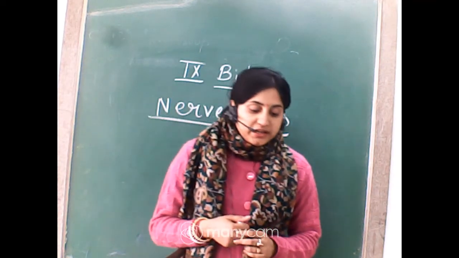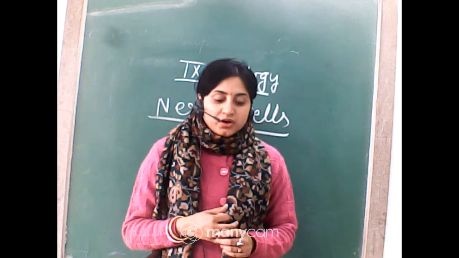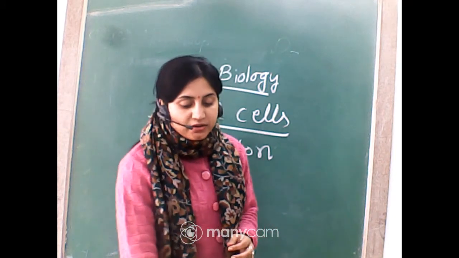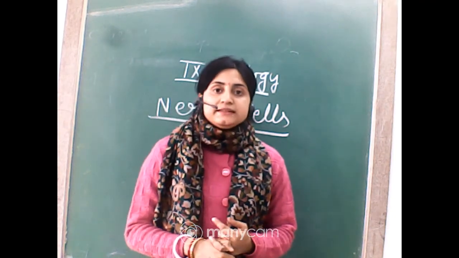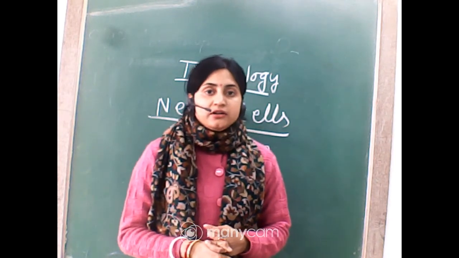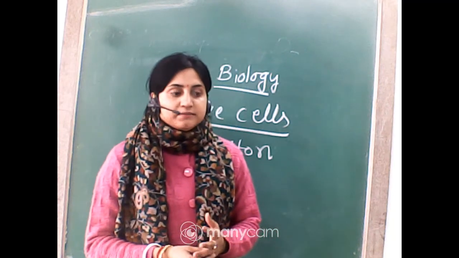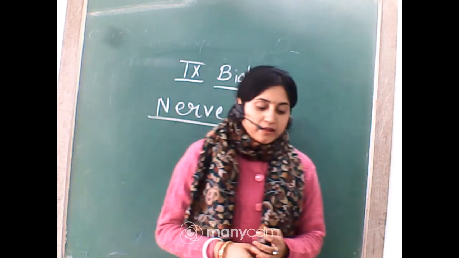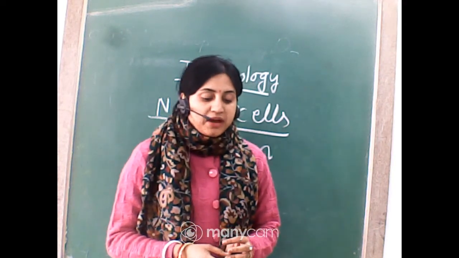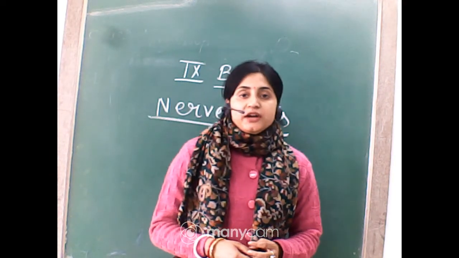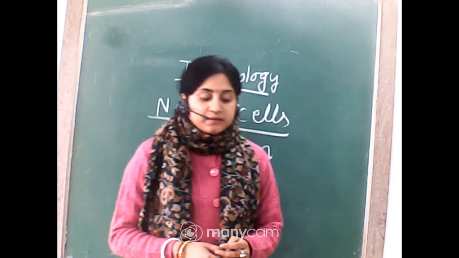Second one, each neuron has a cell body called cyton, which contains a nucleus and cytoplasm. Number 3, cytoplasmic projections called dendrites are visible.